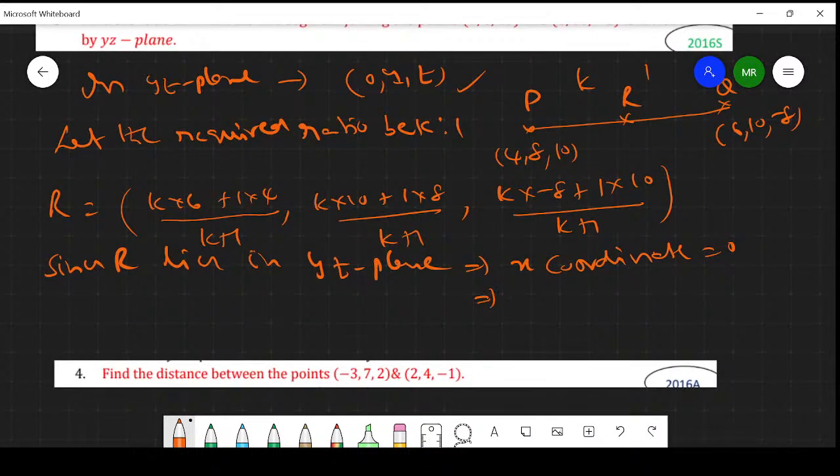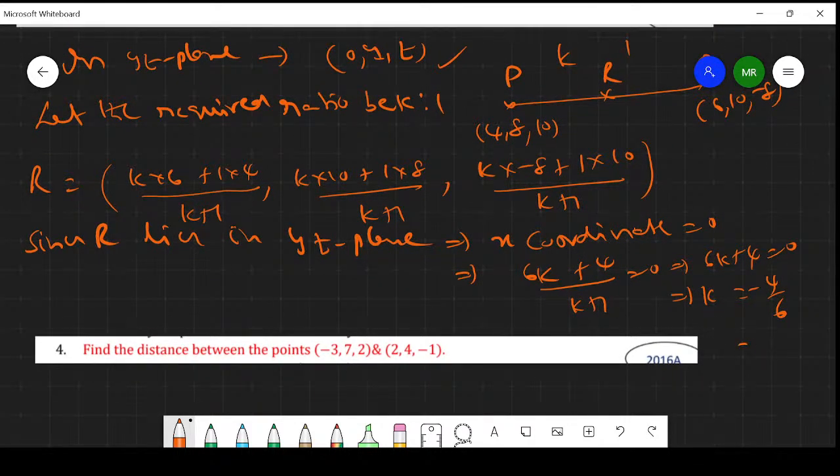This implies x coordinate 6k plus 4 by k plus 1 equal to 0. Then do cross multiplication, 6k plus 4 equal to 0. Then k is equal to minus 4 by 6.